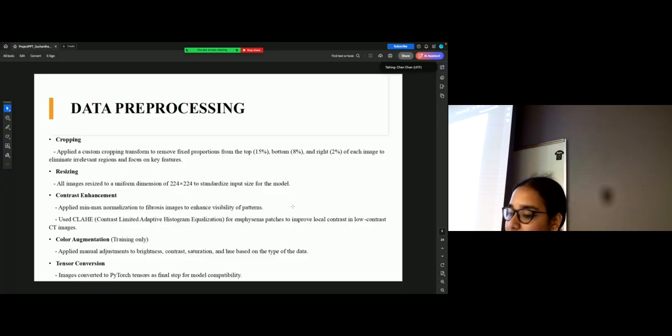Then resizing and contrast enhancement only for the emphysema data, because it lacks brightness and those parameters, and color augmentation only for training purposes. Then all this data is converted into tensors.